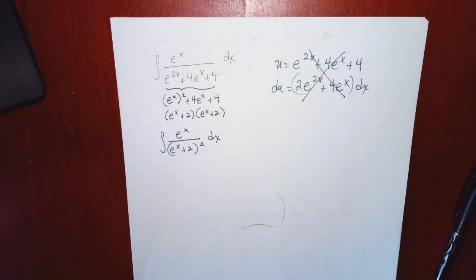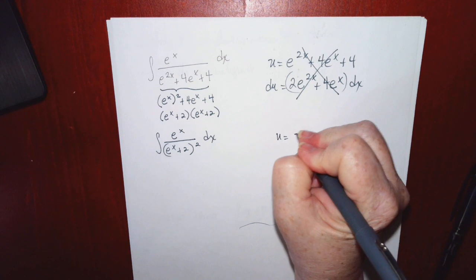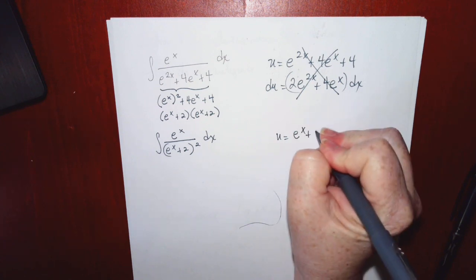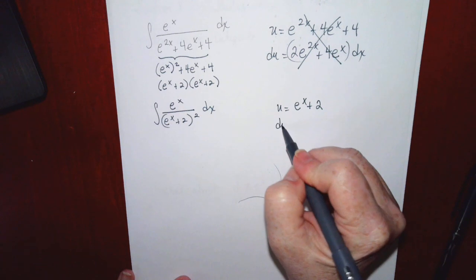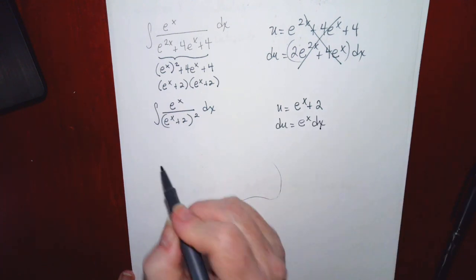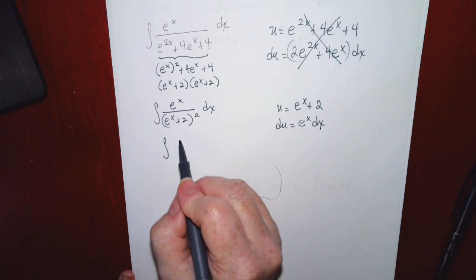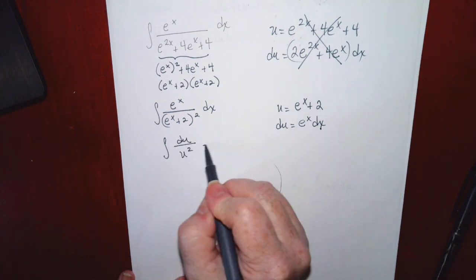Now can we do a straight u substitution? Why, yes we can. If we just let u equal e to the x plus 2, then du would be e to the x dx, and this would be the integral of du over u squared.